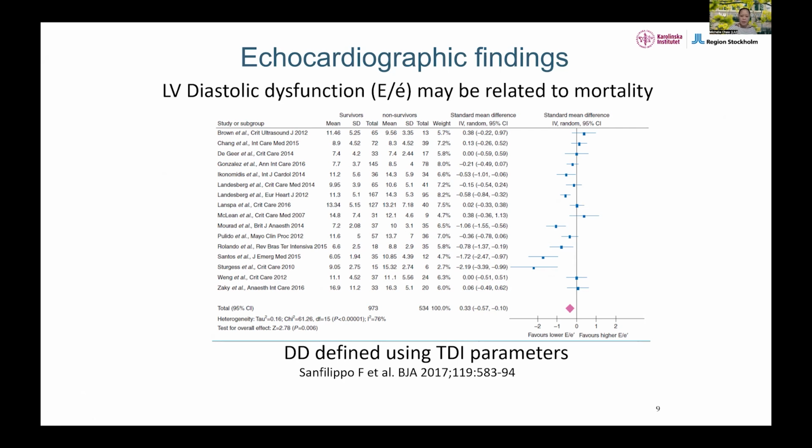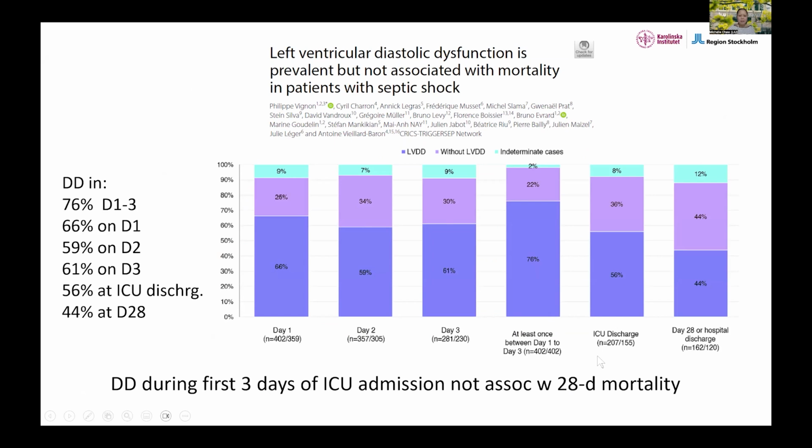So that was another meta-analysis by the San Filippo group, and in a very recent publication, this was from Philippe John's group in France, they showed that left ventricular diastolic dysfunction was extremely prevalent amongst patients with septic shock. In fact, 76% of this population had diastolic dysfunction defined according to consensus guidelines.